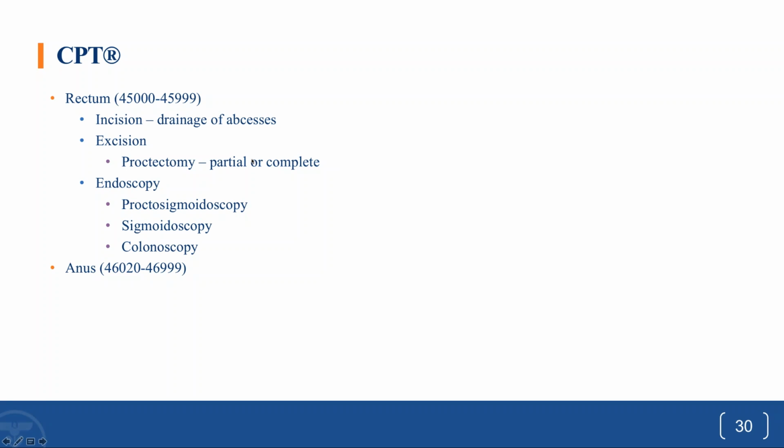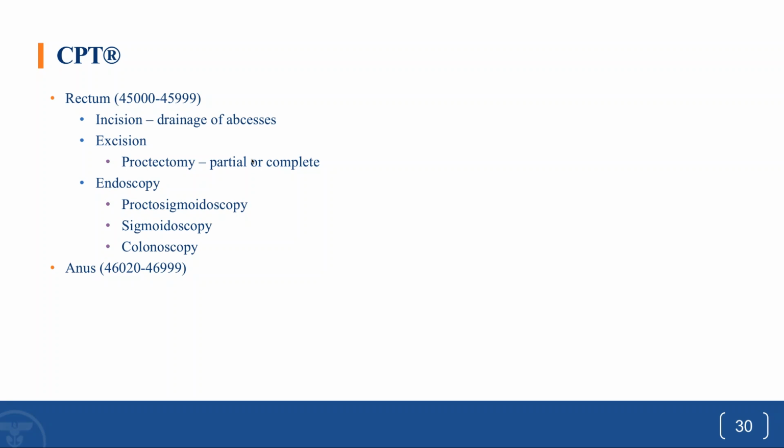All right, so back to procedures on the anus. 46020. Also on page 294, it's there. Page 294, the definitions are there. And it has the image of the rectum up on top with the tumor. Yummy.